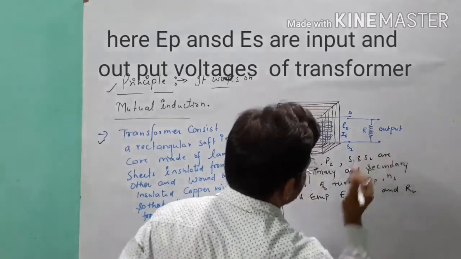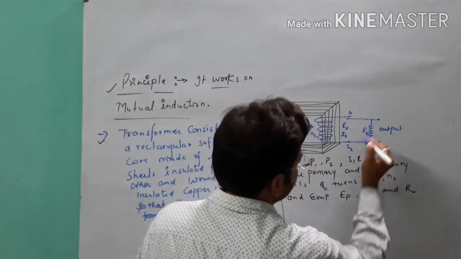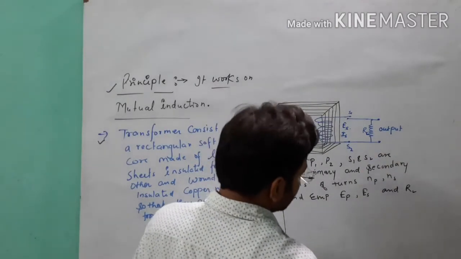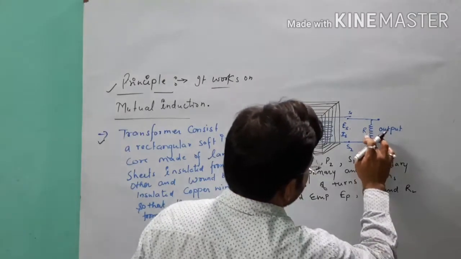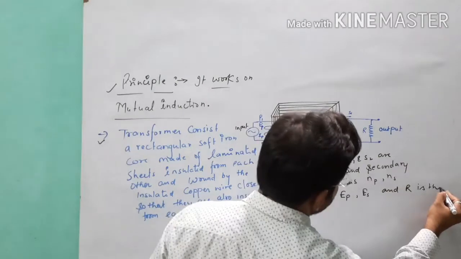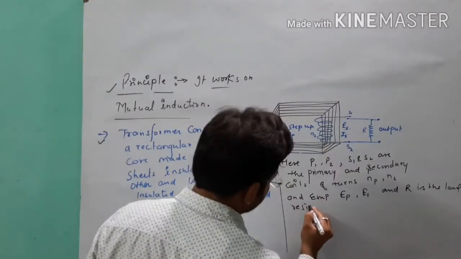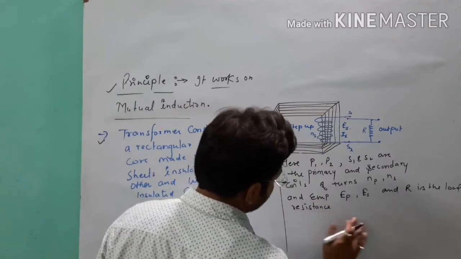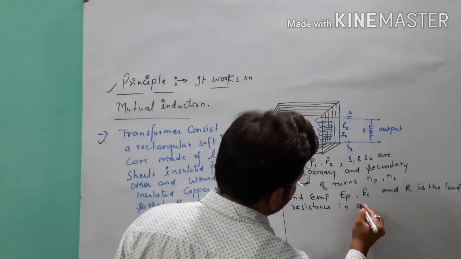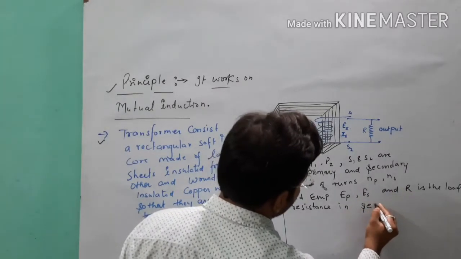You can consider RL as your load resistance, or you can write R, and R is the load resistance in the output, load resistance in the secondary coil.